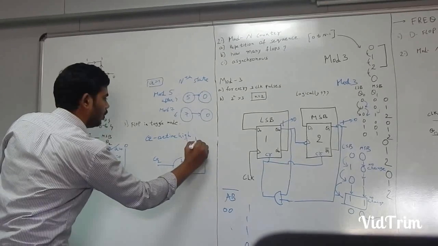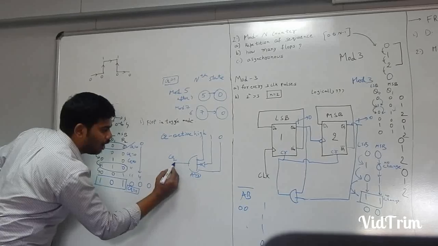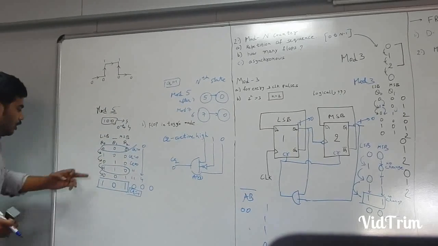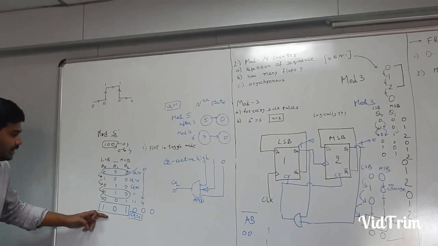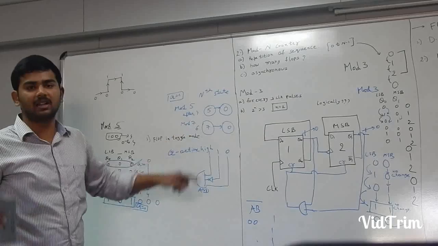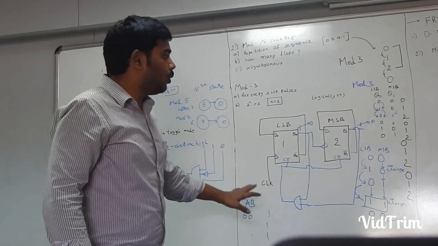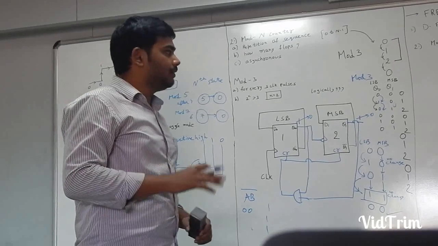This 0 is there, so obviously with one input 0, the output would be 0. So it will count to the next state also. But for this state, the output would be 1, it is given to clear, and it is activated. So what you should come to know is, now I will be giving the final conclusions.